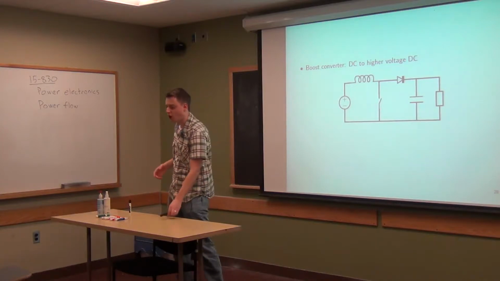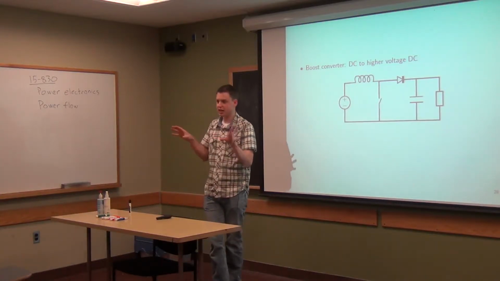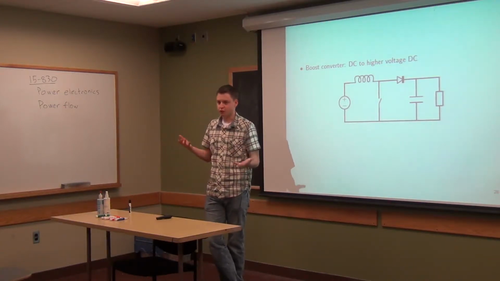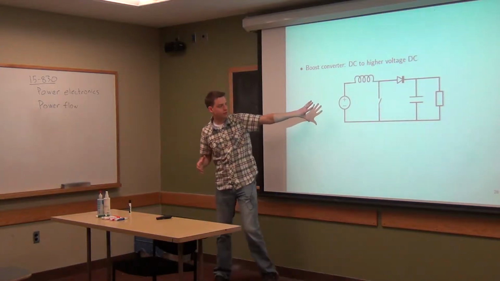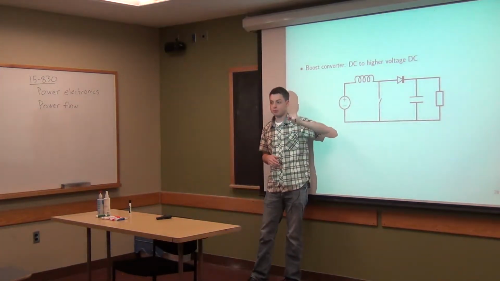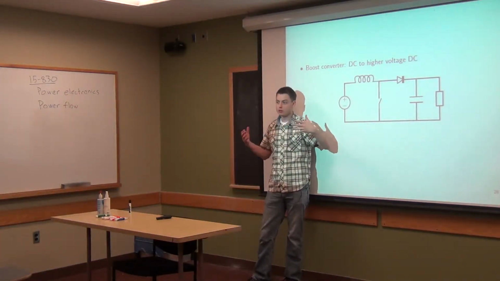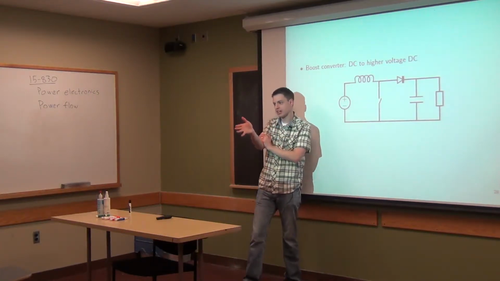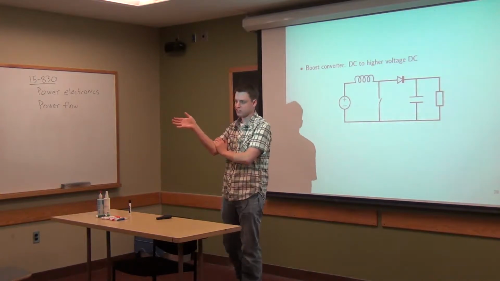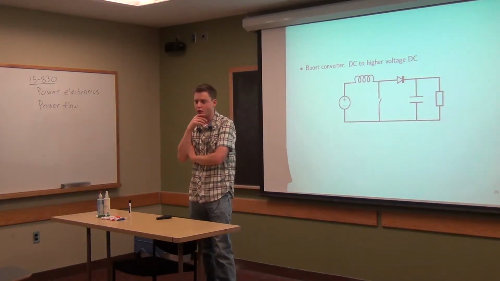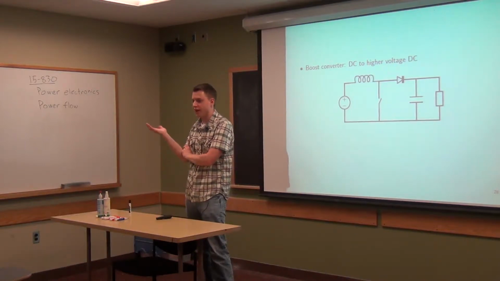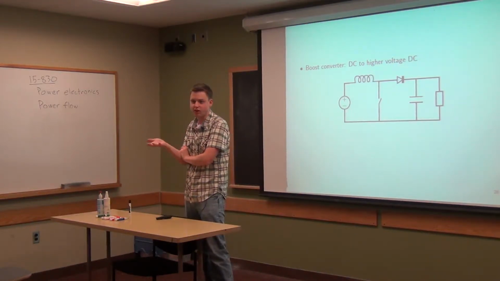Because of this, there actually are some high voltage DC lines being assembled across the country. They both have their advantages and disadvantages, right? Oftentimes the converters are more expensive to build, but once you build them, you don't have to worry about reactive power or some of the cable effects that you have with long transmission systems. All these things make people often favor DC systems. There's also the fact that a lot of what we use at the end use is DC.